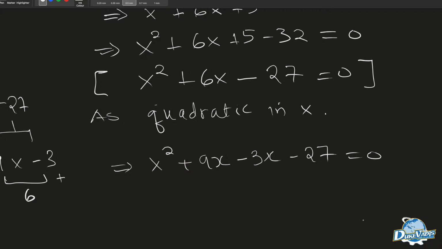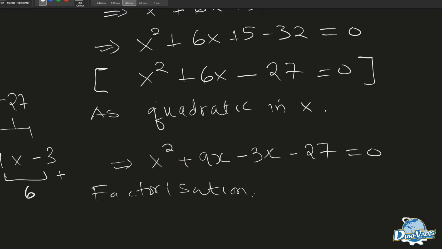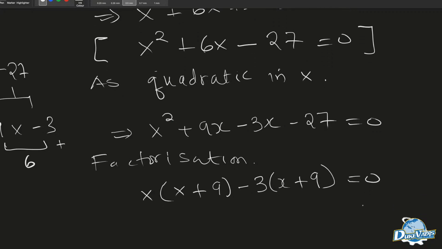So what we have to do is factorization. When we factorize, we bring our x out: x(x + 9), and here we minus 3(x + 9) again is equal to 0. If you do your factorization very well, you're always going to have common values that repeat themselves.